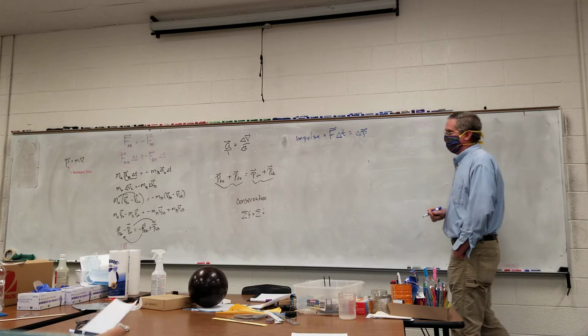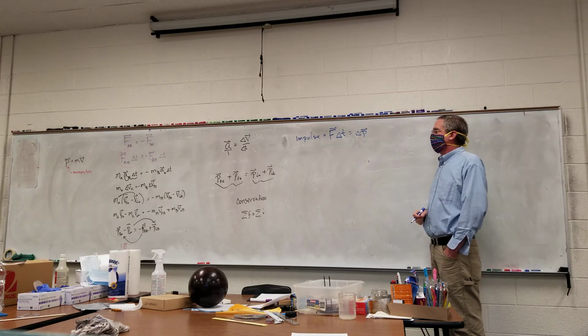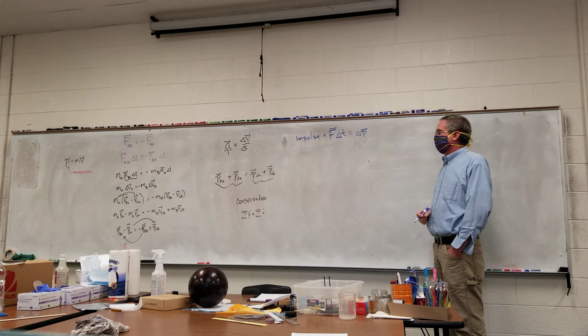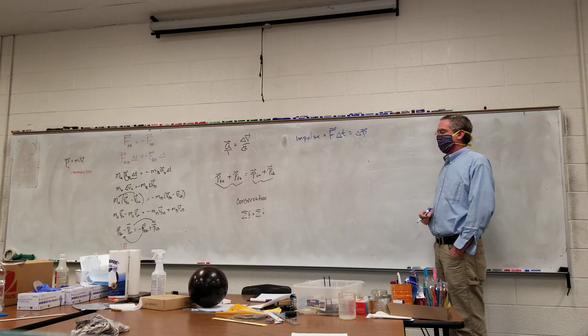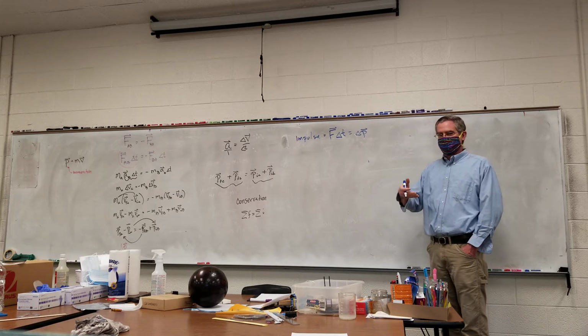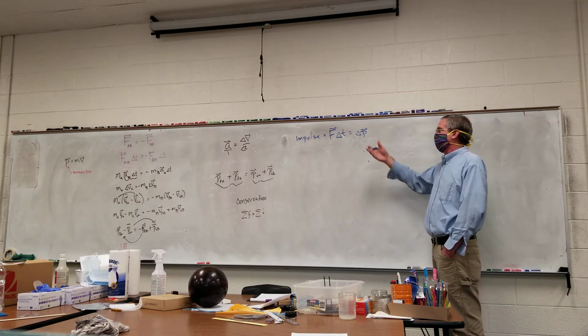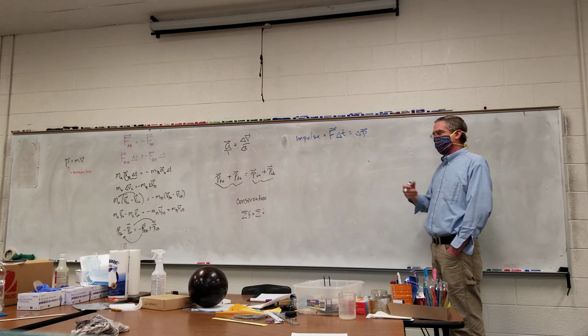If I apply an impulse to an object, it will change the momentum. Just like if I do non-conservative work to an object, I will change its total energy. If I do conservative work to an object, I will transfer energy from one form to another. If I do impulse on an object, I will change its momentum.